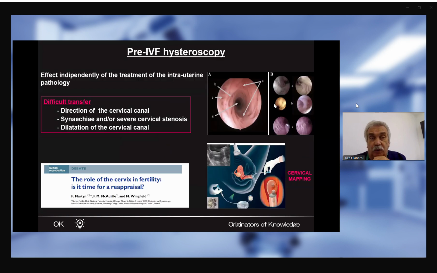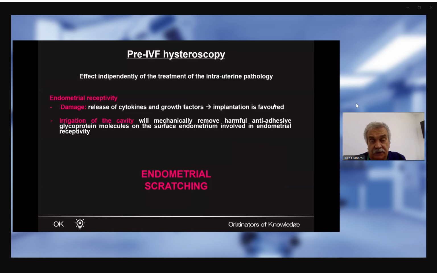Screening tool for treatment of intrauterine pathology, and as I mentioned to you before, also for the cervix. Cervixes play an extremely important role in our activities.